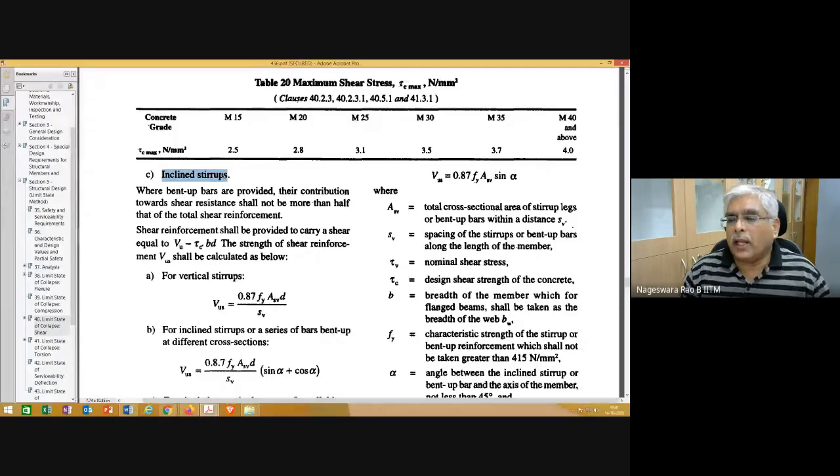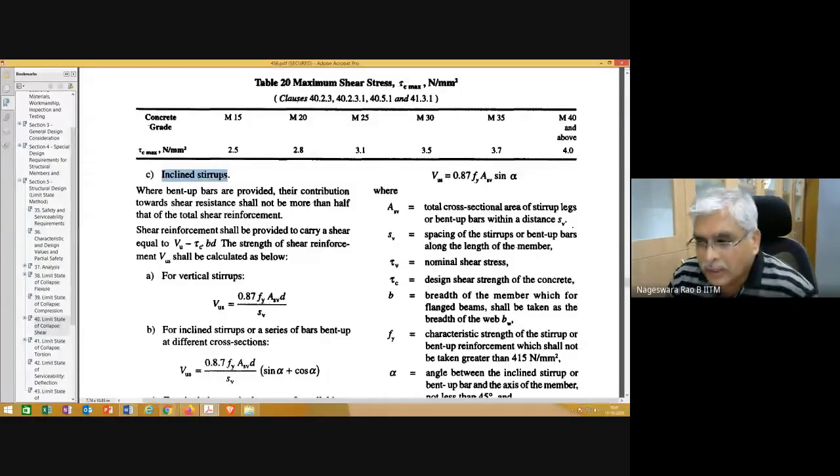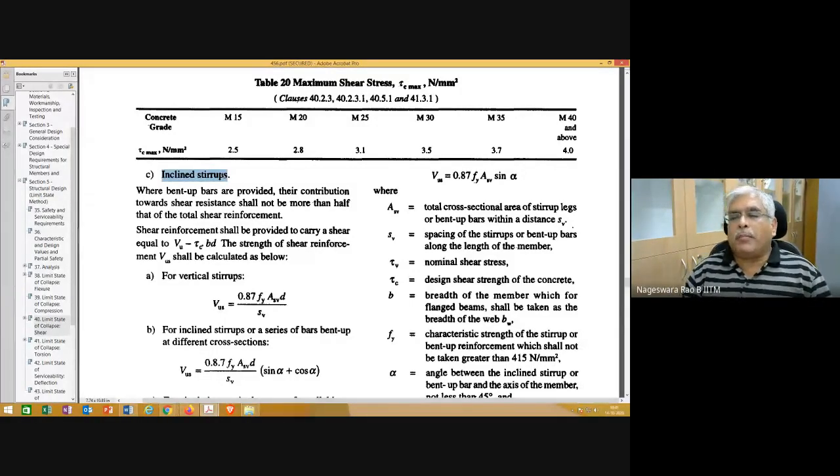If you take along the length of the beam, this leg of the stirrup is going to be perpendicular to the length of the beam. Angle is going to be 90 degrees. An inclined stirrup is a stirrup which is at an inclination with respect to the longitudinal axis. That you keep in mind.